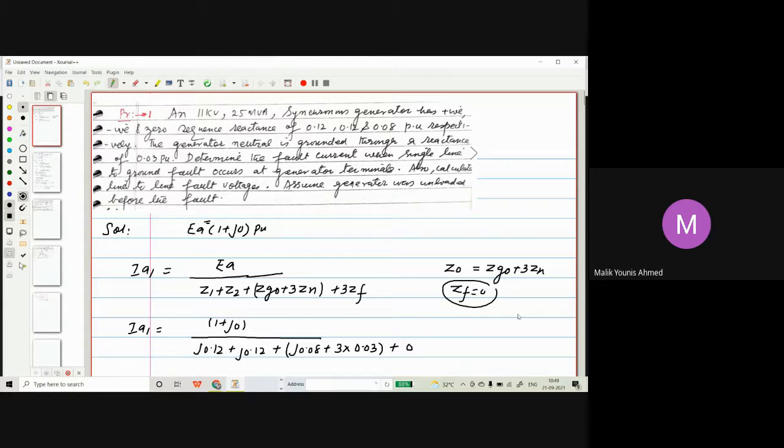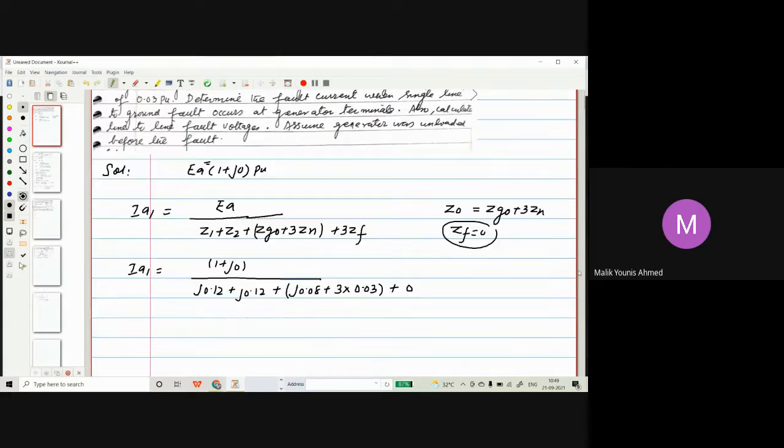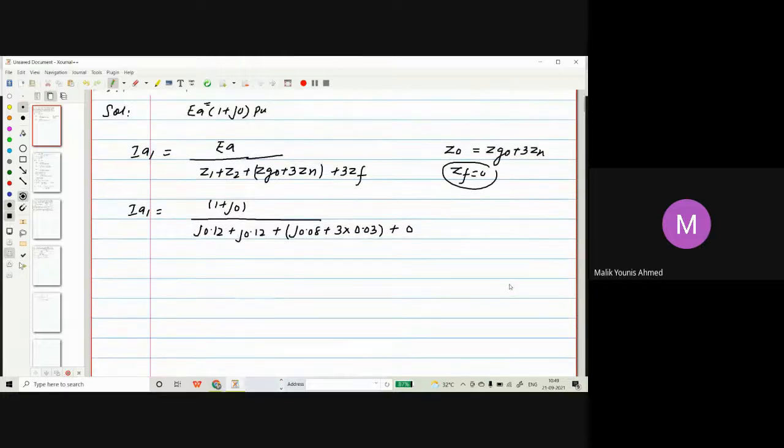With this value you will get IA1, which will be equal to minus j2.439 per unit.